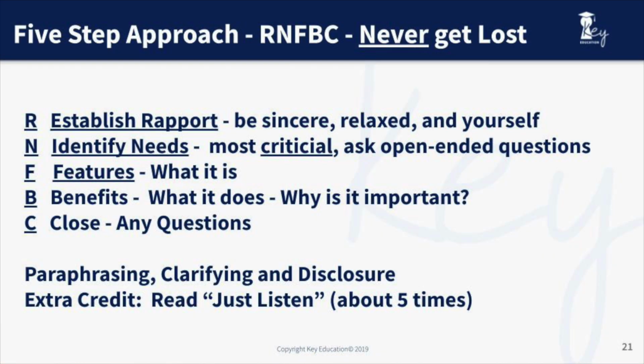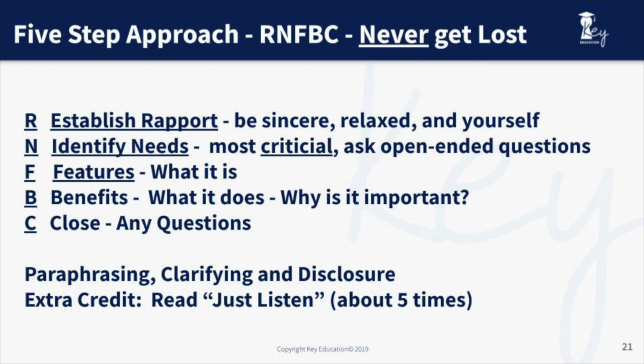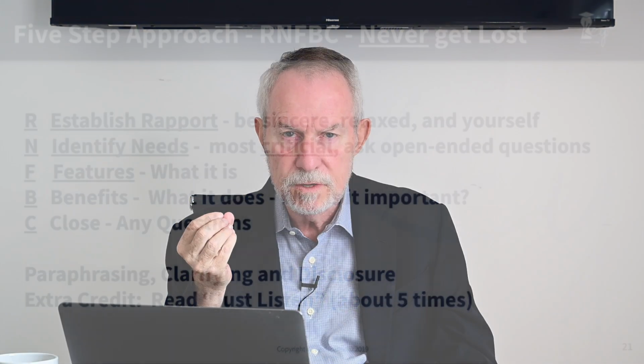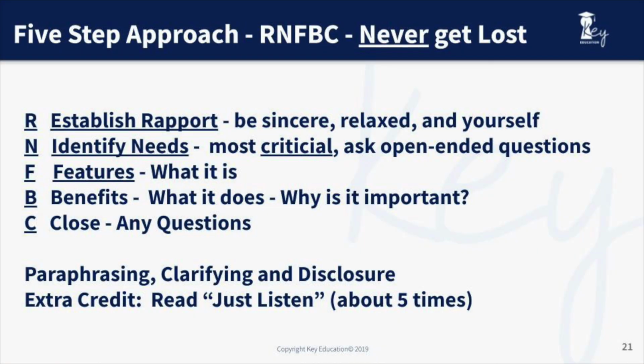The first one is you establish rapport. Create comfort for them and comfort for yourself. The second stage is identify needs. Figure out what it is they're trying to accomplish so that you can tailor your presentation to what it is that they want to do. The third step was called features, or what do you have to offer them?